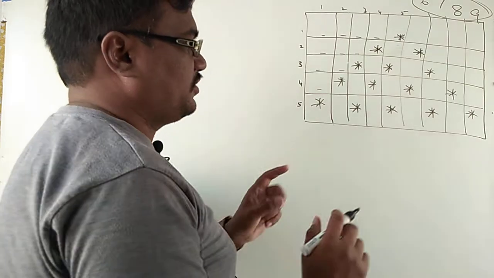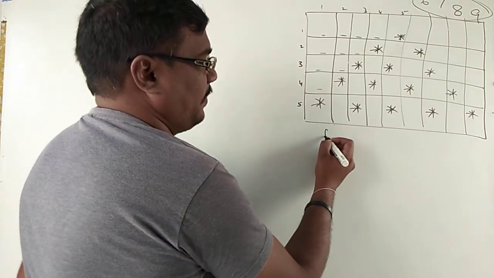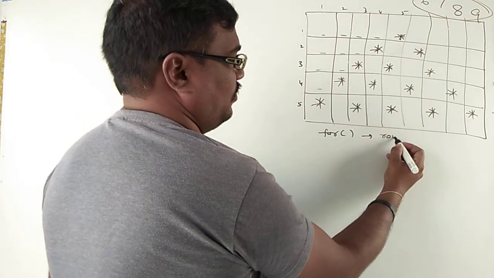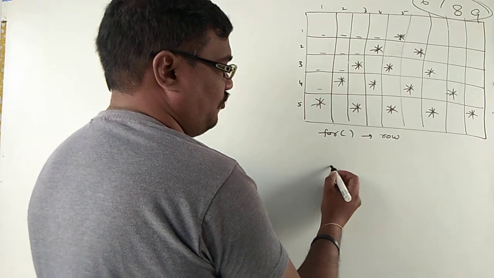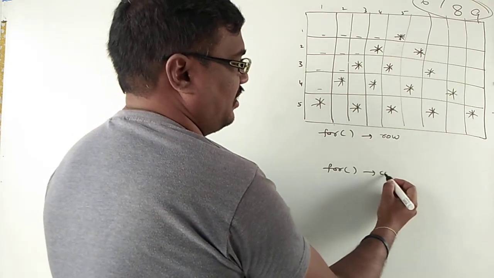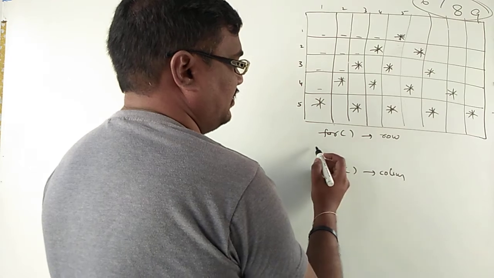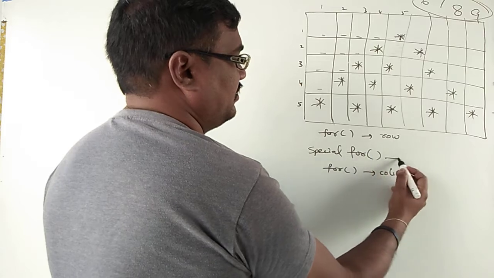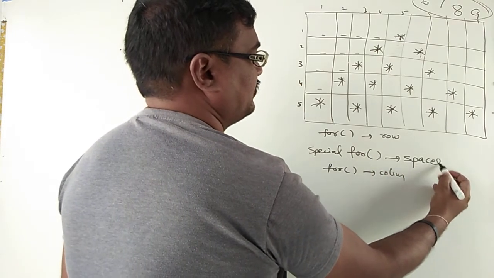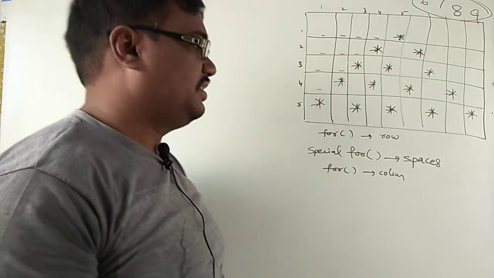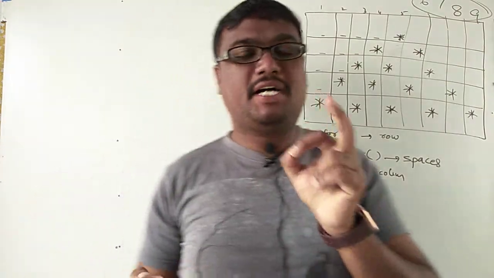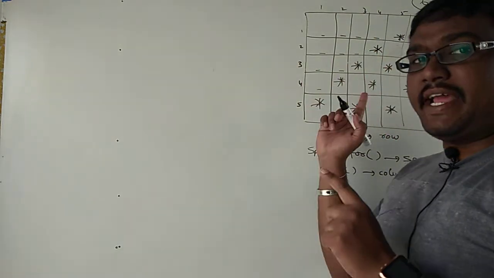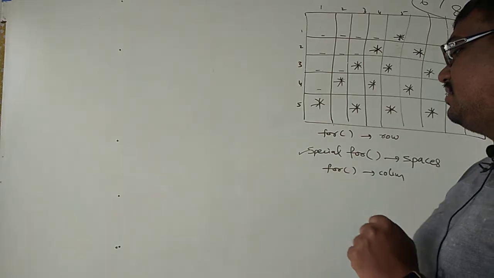You must use 2 for loops: one for loop for rows, one for loop for columns, and a special for loop for spaces. Spaces play an important role in displaying the triangle pattern.